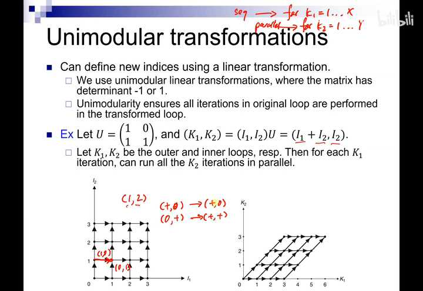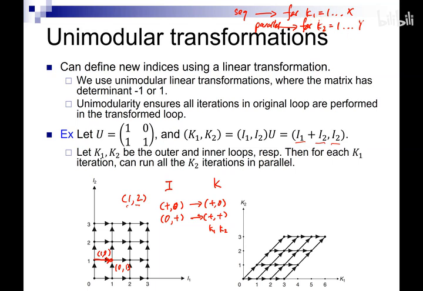Now notice that this is in the I space and this is in the K space. In the K space, both of these direction vectors are positive in the K1 coordinate, and this is the K2 coordinate. K1 is the outer loop, and K2 is the inner loop.